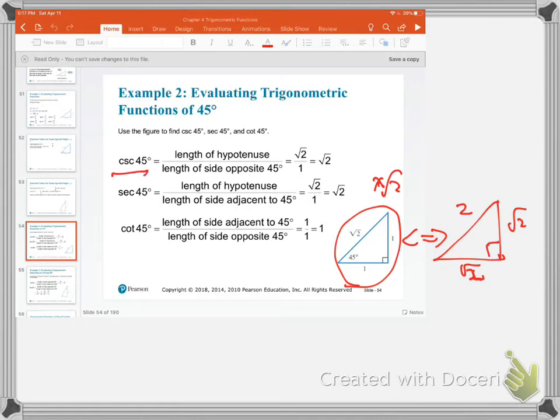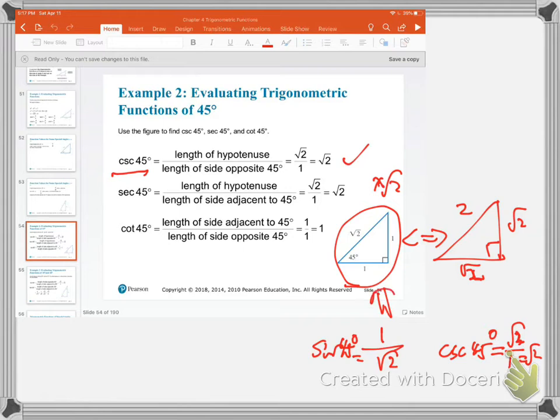Cosecant is opposite over hypotenuse, flipped. Opposite 1 over hypotenuse radical 2 is sine 45, so 1 over radical 2. For cosecant 45, you flip this and get radical 2 over 1, which is radical 2.